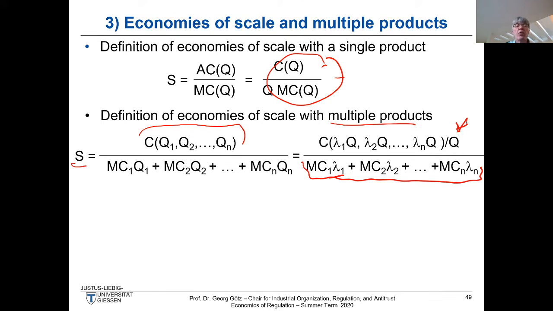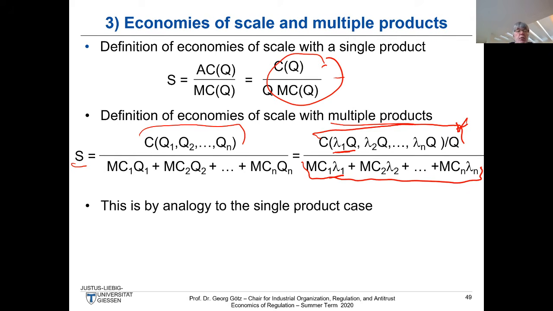And in the numerator, what we have here is ray average cost, because here we determine the output of each single product as a function of the total output. Again, if we produce 9 million cars, 2/3 will be Golfs, and so on.